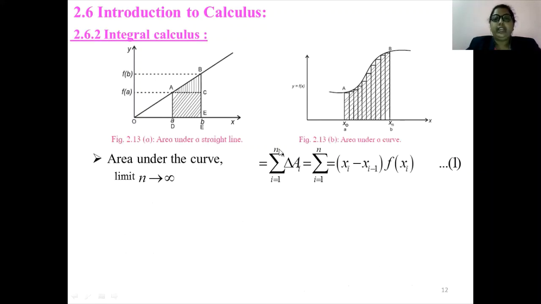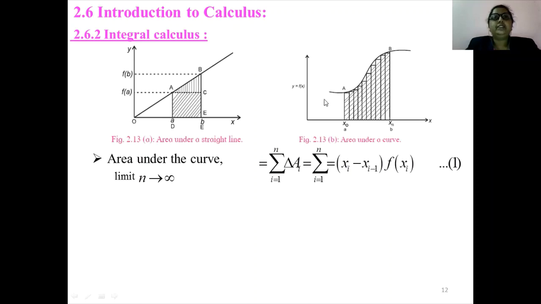Here n is the small n, the number of strips, and delta A i is the area of the ith strip.